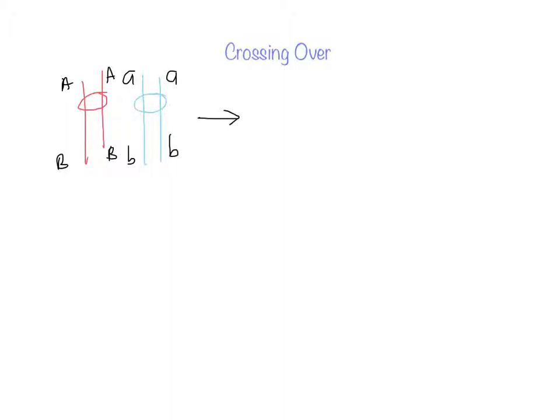So what happens is our outside chromatid doesn't get touched, but our inside chromatid ends up crossing over with the one from the other homologous chromosome at a point that we call the chiasmata. Okay, so that's the point where crossing over takes place.